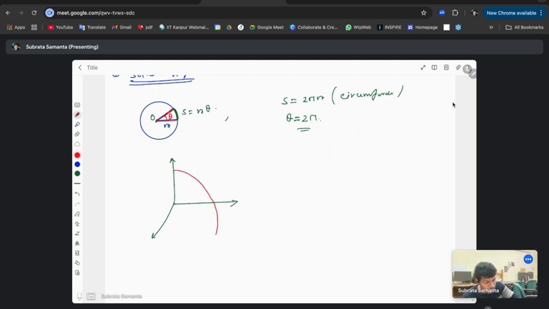And this is your x-axis, y and z. This is the phi, and this one is d phi.